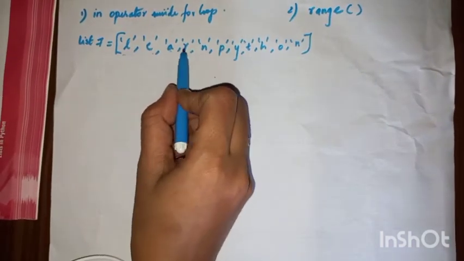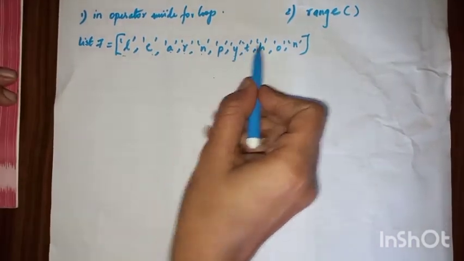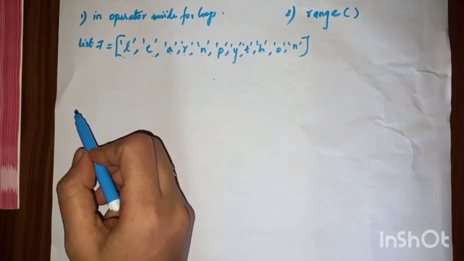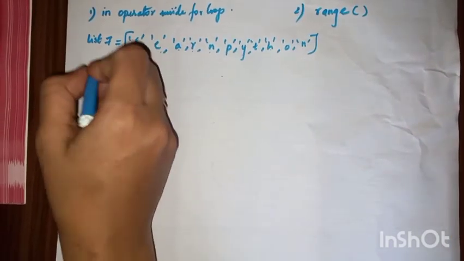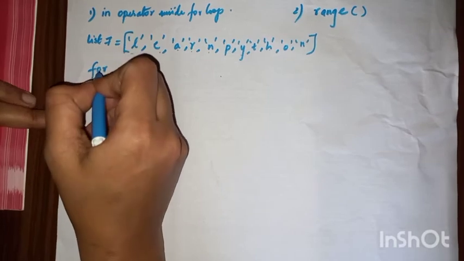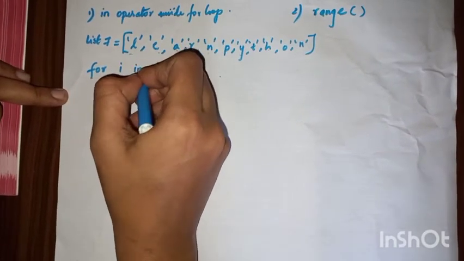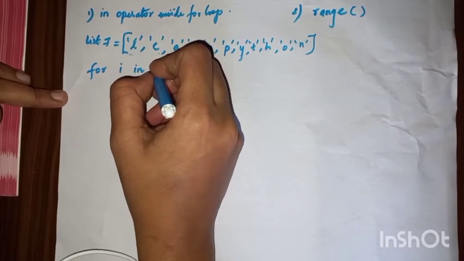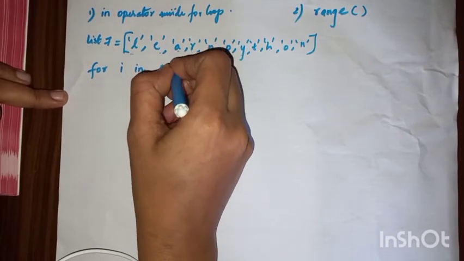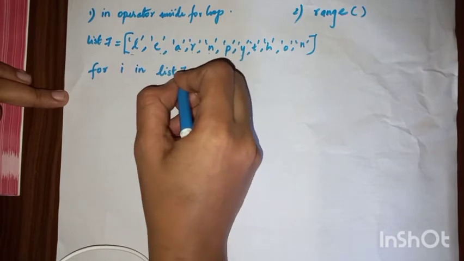These are the elements in the list. So first we iterate, or access the elements, or traverse the list by using the in operator.